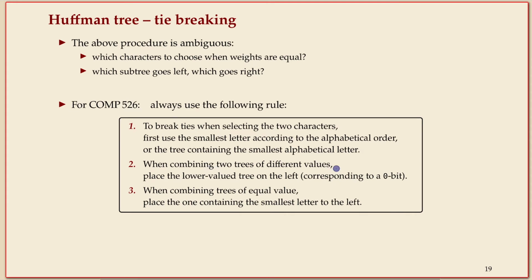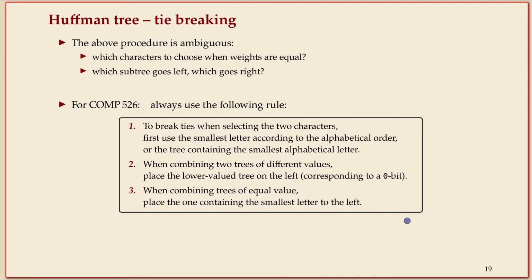When we combine 2 trees of different values, then we place the lower on the left. And the third rule is what applies to this example: when we combine trees of equal value, then again we break the tie by the minimal symbol in either tree. And E comes before O in the alphabet. That's why E was left. Okay? So just practice these 3 rules.